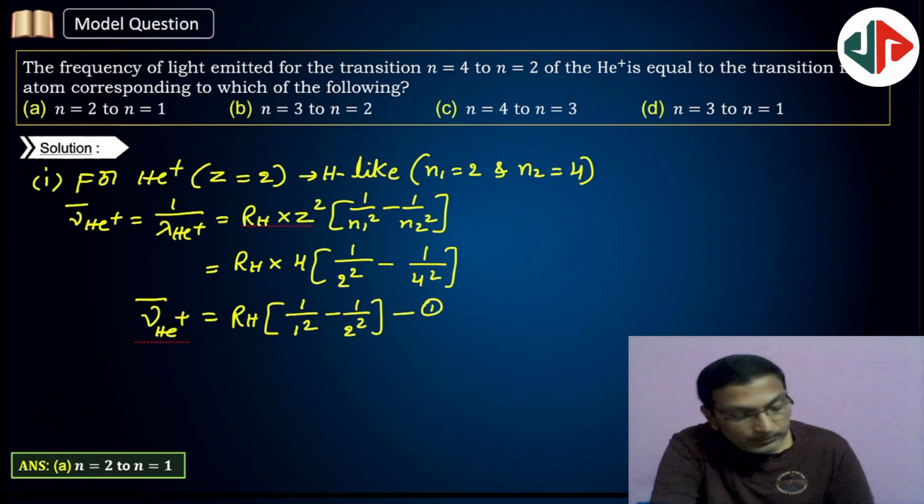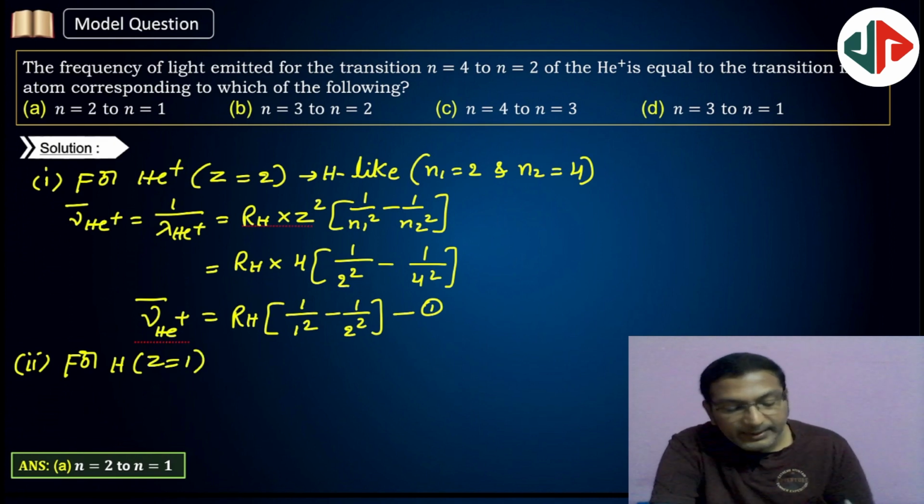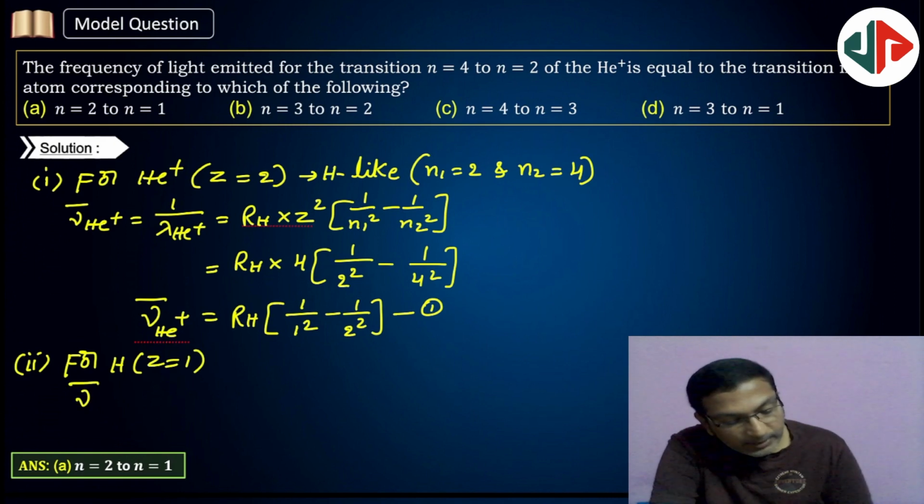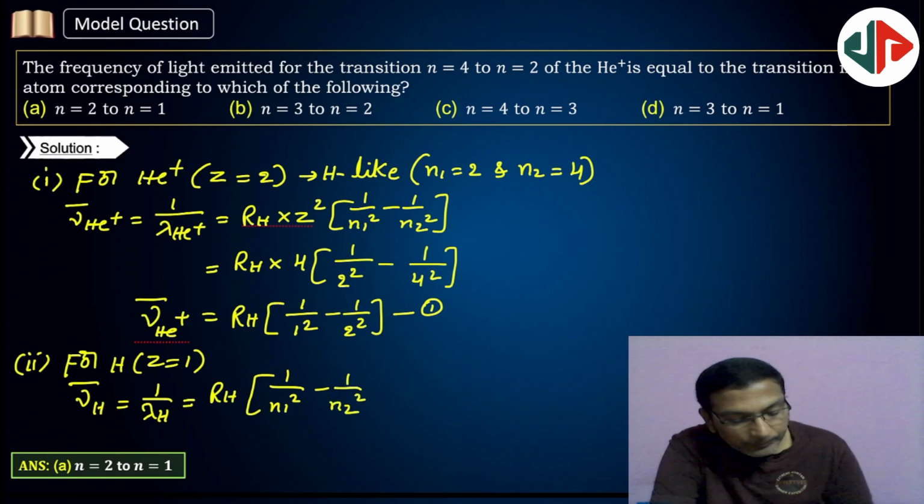Next, case 2. For hydrogen, Z equal to 1. We should find n1 and n2 values for hydrogen. Rydberg equation, nu bar for hydrogen equal to 1 by lambda H, that is equal to RH into 1 by n1 square minus 1 by n2 square.